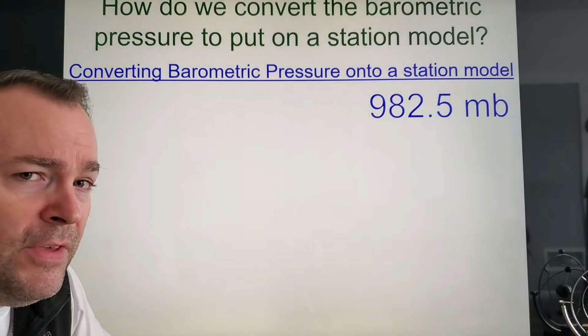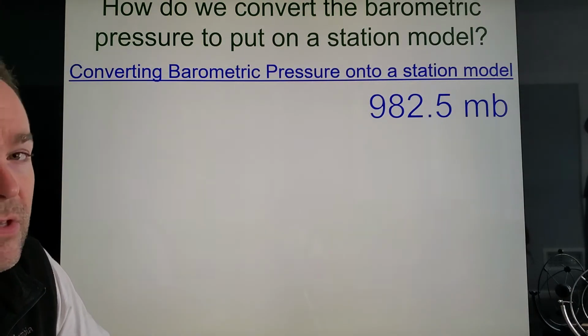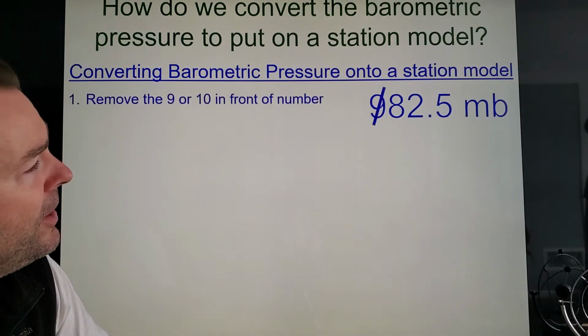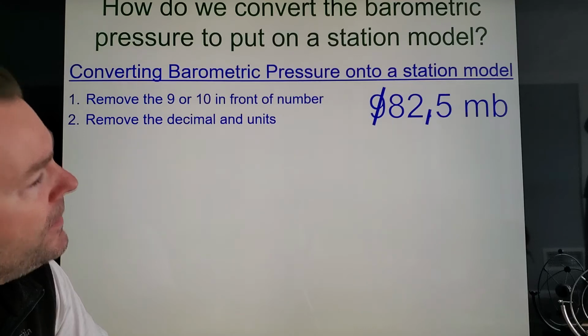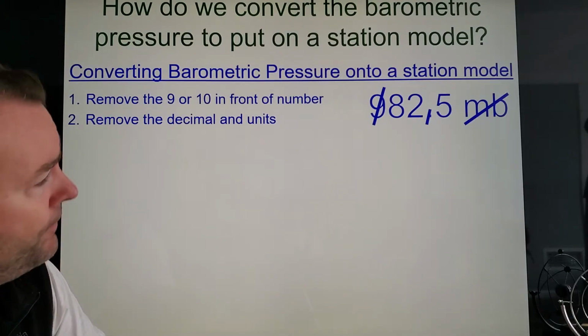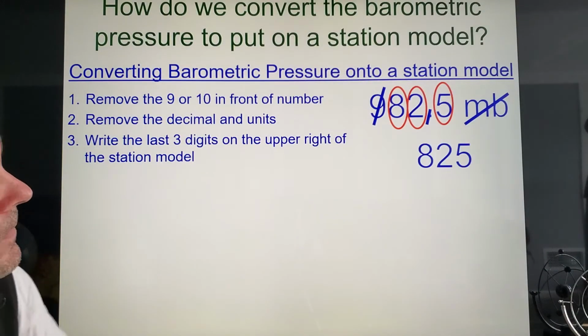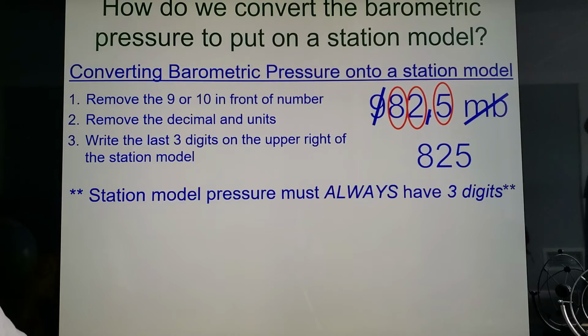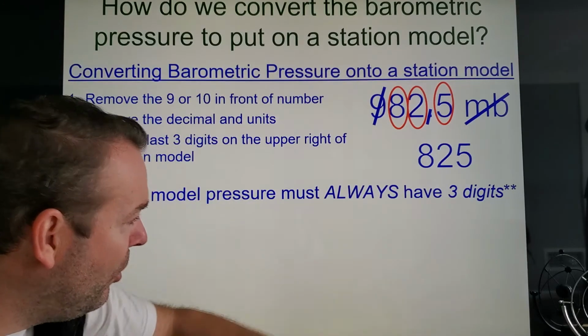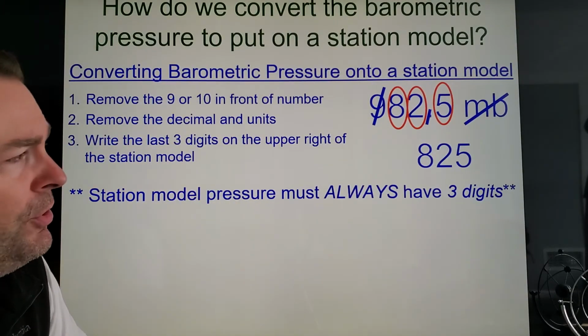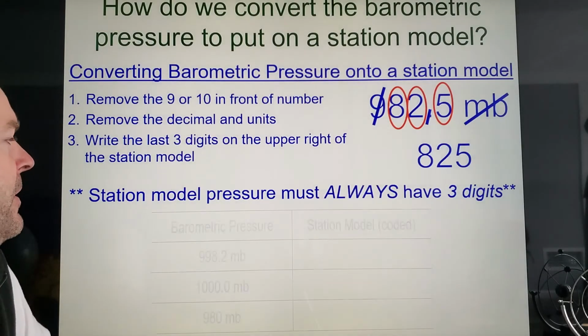But they try to abbreviate it so that you don't have too much stuff on those weather stations. So they cut the first number, the decimal, and the unit. Okay? And that, of course, is what goes on the upper right side of the weather station. Okay? 825. All right? Station model pressure must always have 3 digits. So when you're doing your conversions, make sure you end up with 3 digits.